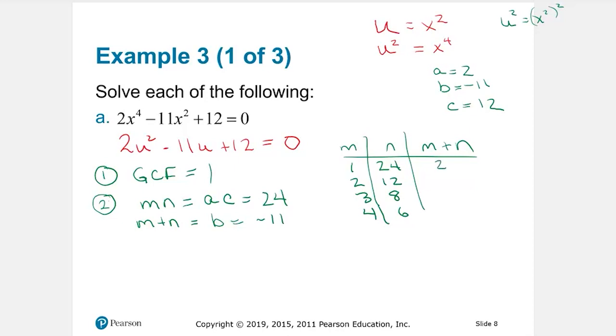We get 25, 14, 11, and 10, right? I know this is my number right here because there's my 11, but it has to be negative. So 2 numbers that add together to give me a negative number, multiply together to give me a positive number, they both have to be negative, right?